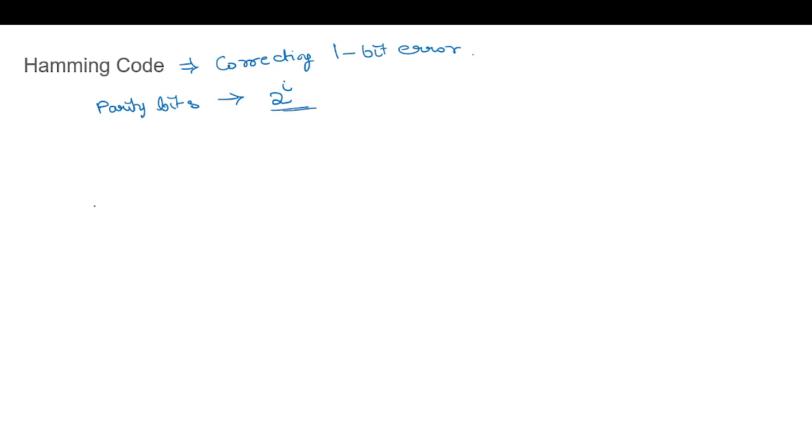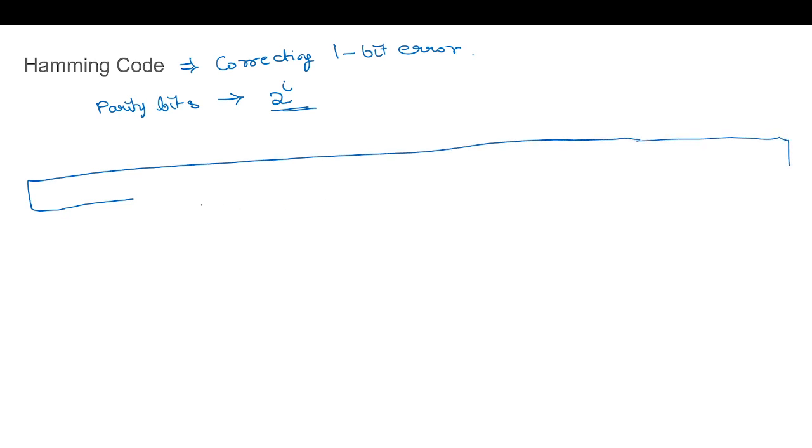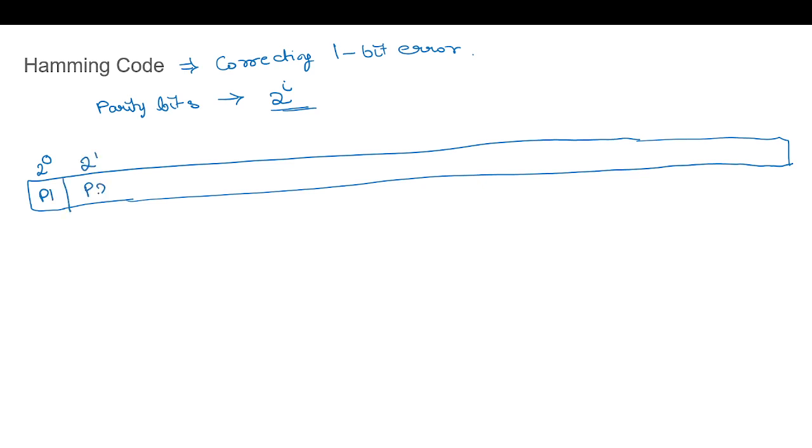So if we consider, say, a number, in this I will add both parity plus data. So 2 to the power 0 should be parity, 2 to the power 1 should be parity, then it can be data. Then again 2 to the power 2 should be parity.